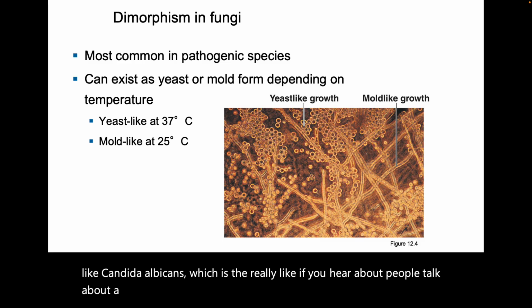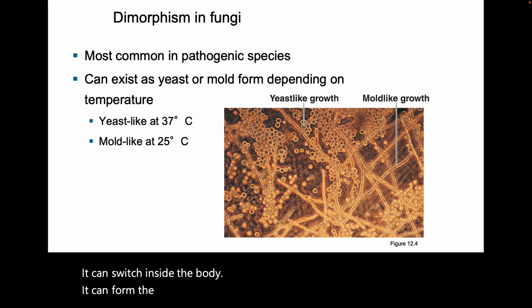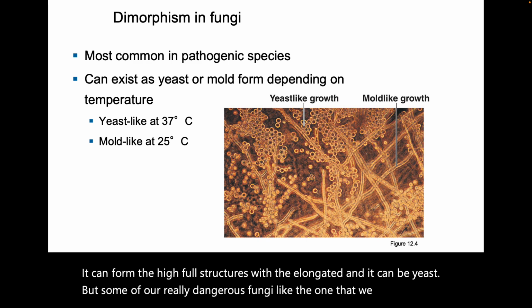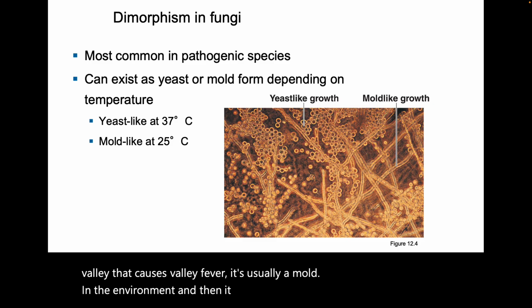It can switch inside the body. It can form the elongated hyphal structures, and it can be yeast. But some of our really dangerous fungi, like the one that we have in the valley that causes valley fever, it's usually a mold in the environment, and then it gets inhaled and is a yeast in the body.